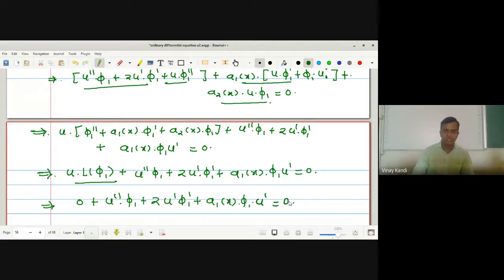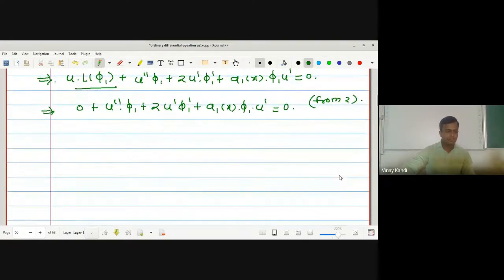Okay, from 2. So this gives, which implies that u double dash into phi 1 plus bracket 2 phi 1 dash plus a1 of x into phi 1 into bracket u dash, which is equal to 0.